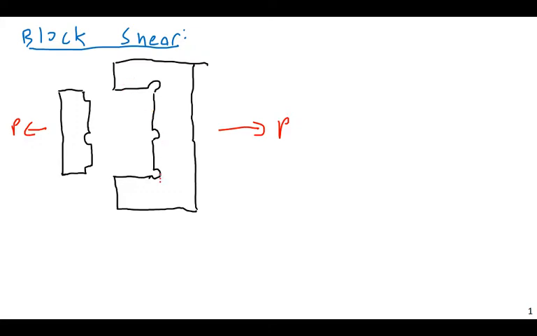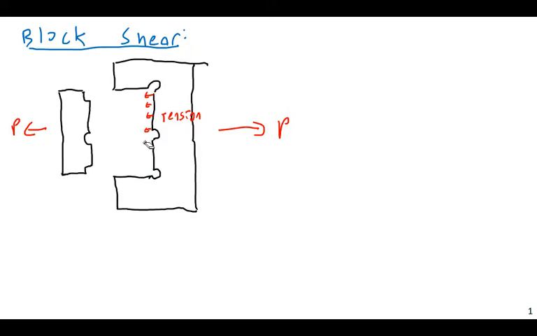Well, what forces are present here? If I'm going to tear this chunk away from this chunk, on this plane I'm going to have tension. So I have a lot of little force arrows here, tensile force arrows.